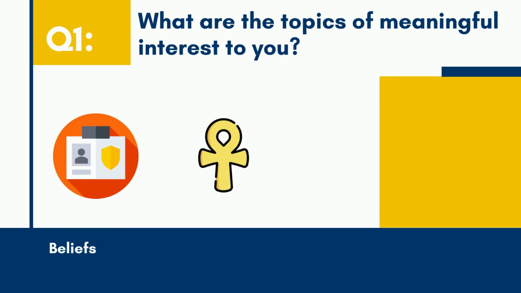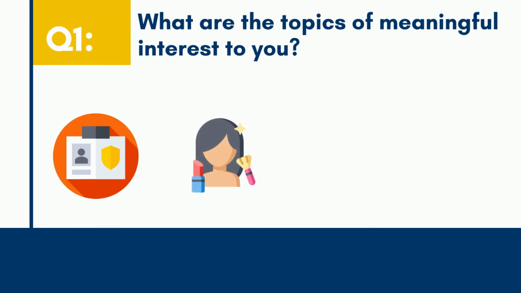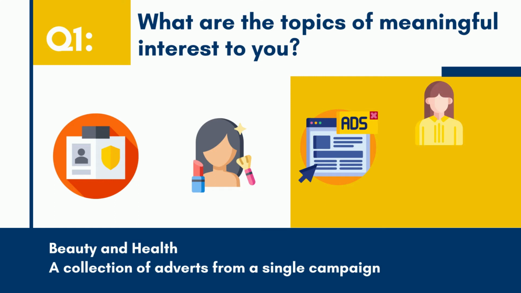For this, you could explore religious texts from sermons of popular preachers. In the topic Beauty and Health, you could research how a collection of adverts from a single campaign has raised awareness of an issue in a society, like young women's self-esteem or the stigma associated with masculinity for teenage boys.